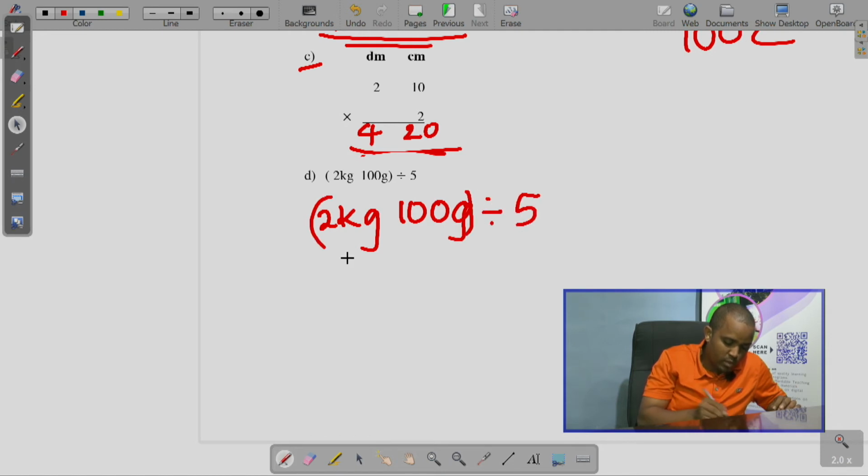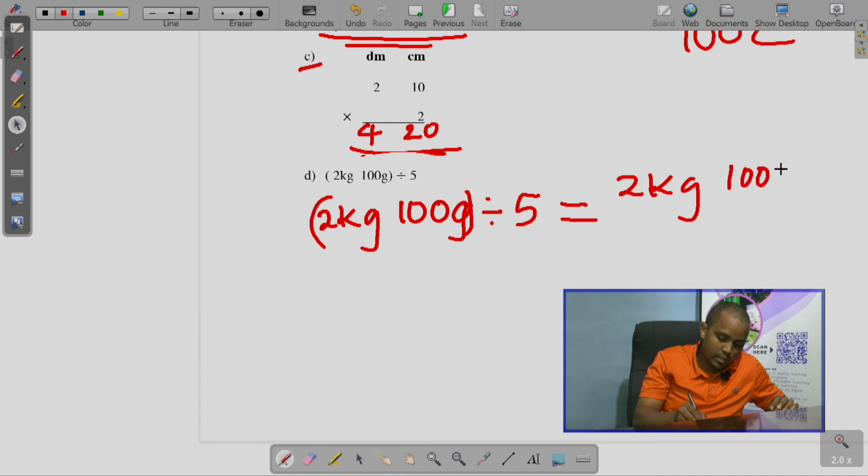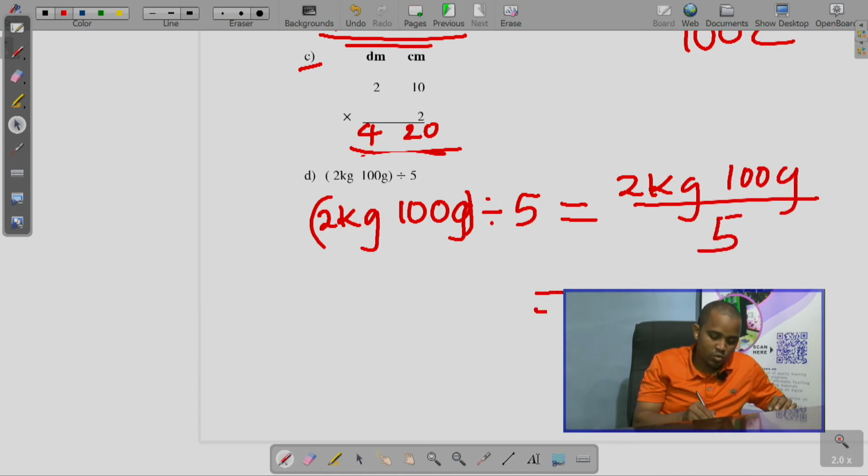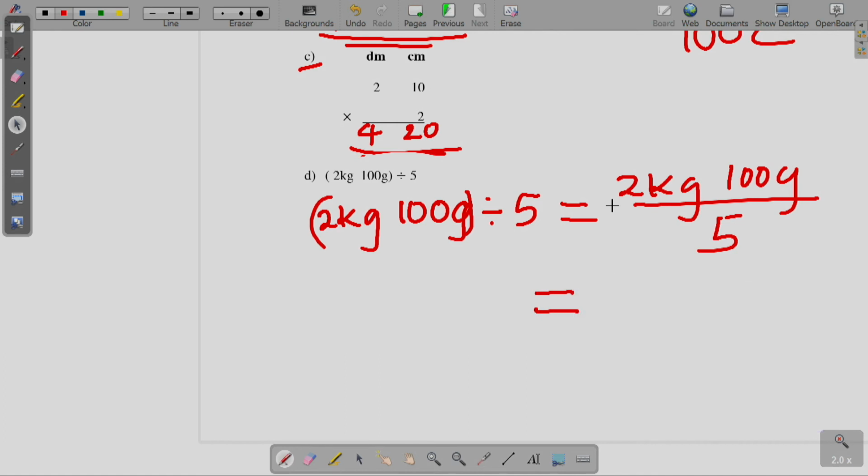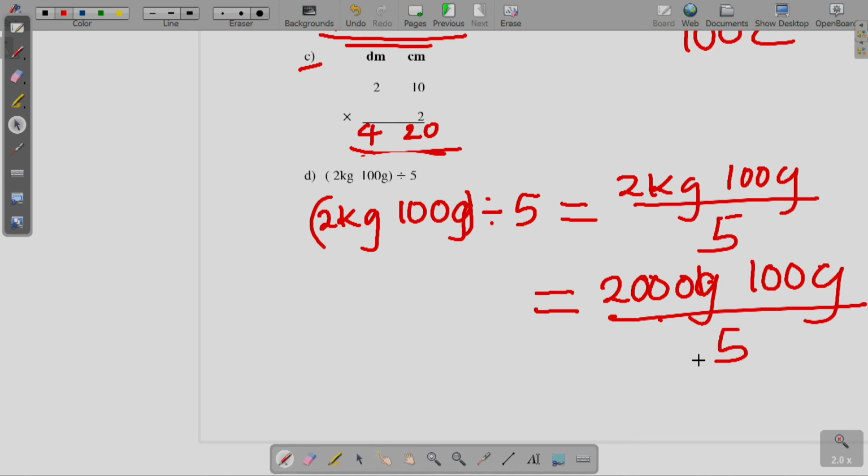So it will be 2 kilogram 100 gram divided by 5. But let's convert the 2 kilogram into gram. If you convert it into gram, we'll get 2000 gram and 100 gram, divided by 5.